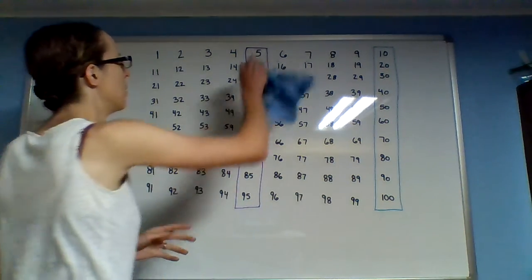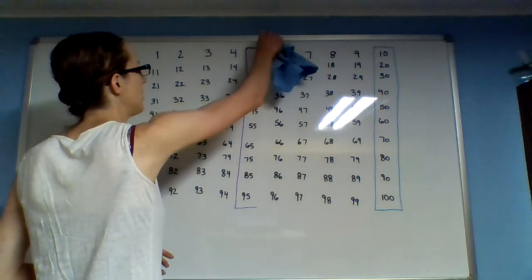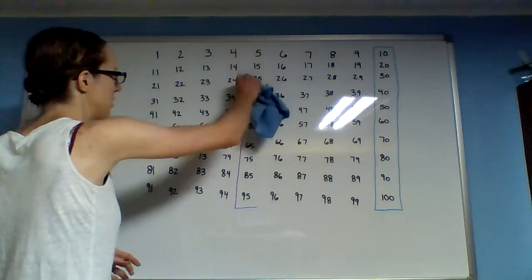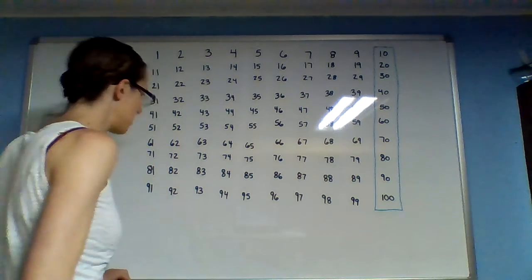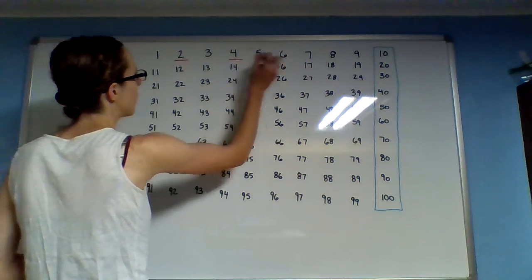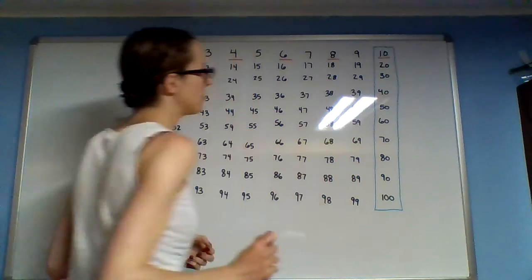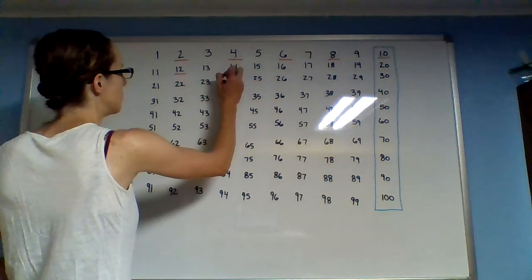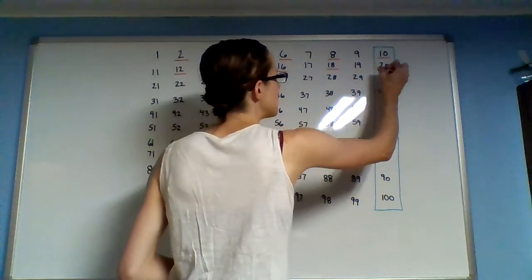What if I want to count by just the even numbers? Well, if I think about the even numbers in my first row, the even numbers are 2, 4, 6, 8, and 10. As I move to the next row, it's 12, 14, 16, 18, and 20.